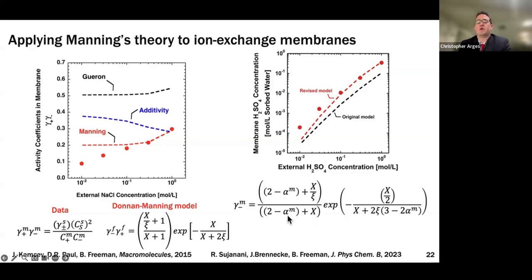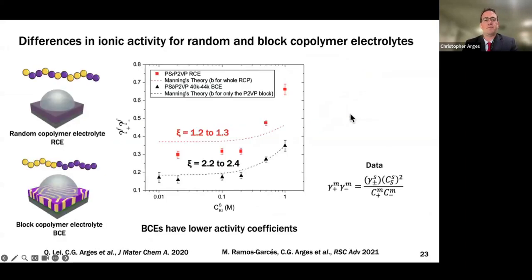And this alpha value describes the fraction of ion pairs within the membrane, so the sulfuric acid within the membrane that hasn't been dissociated. They run experiments to determine that value. Once they determine that value, the model does a pretty good job at getting at, in this case, the amount of sulfuric acid absorbed by the membrane, but you can calculate the activity coefficient from that.